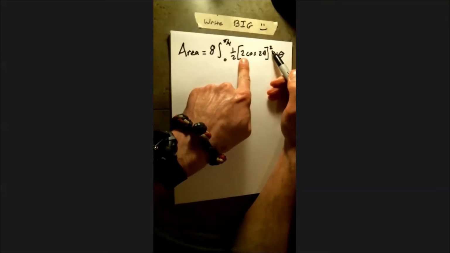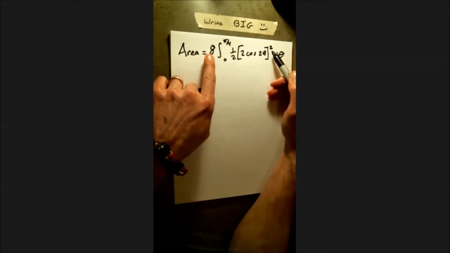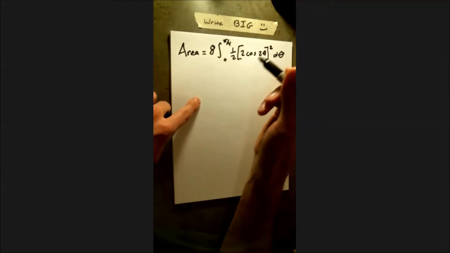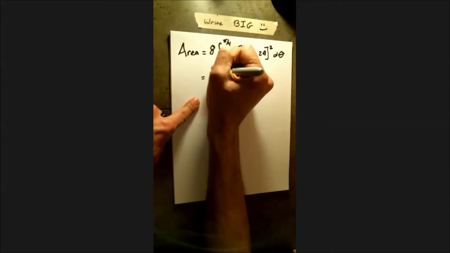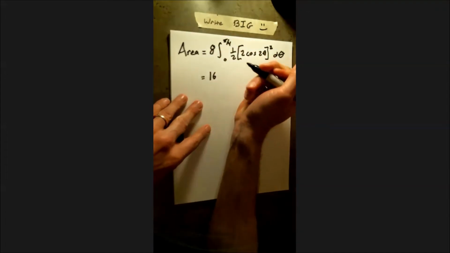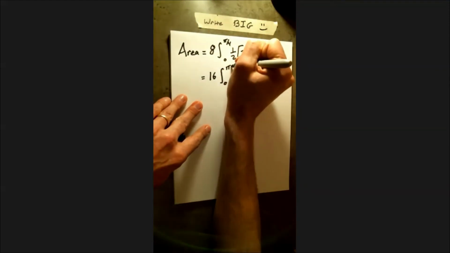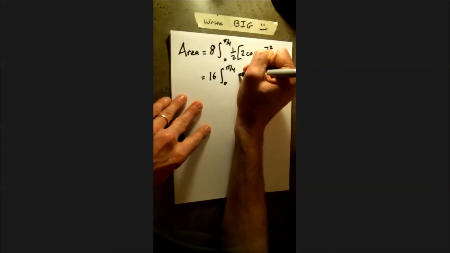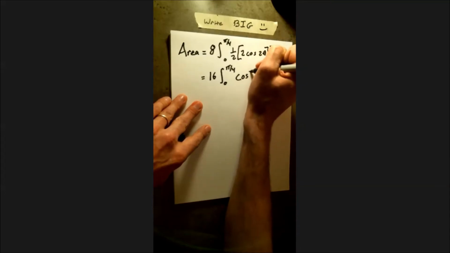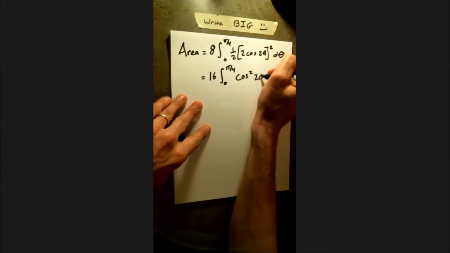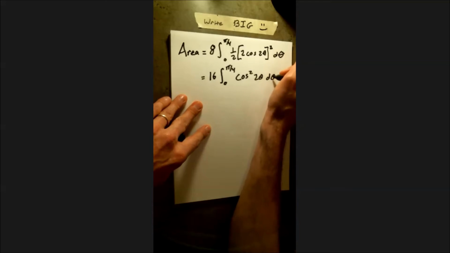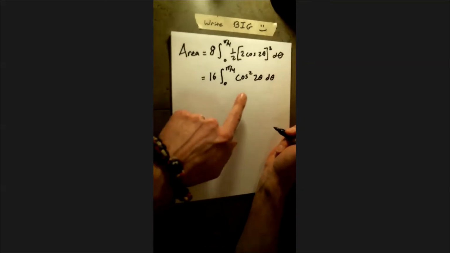Notice 2 squared is 4 times 8 divided by 2 is 16. Integral from 0 to pi over 4 of cosine squared 2 theta with respect to theta.